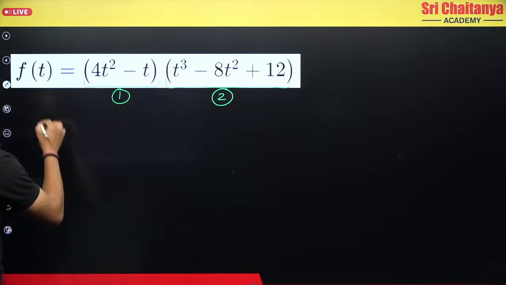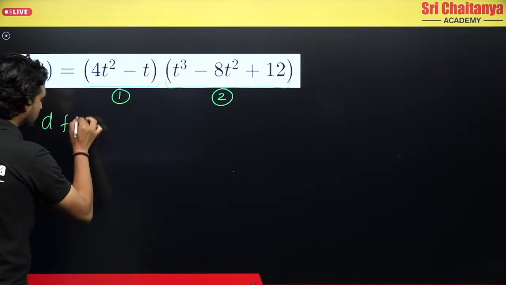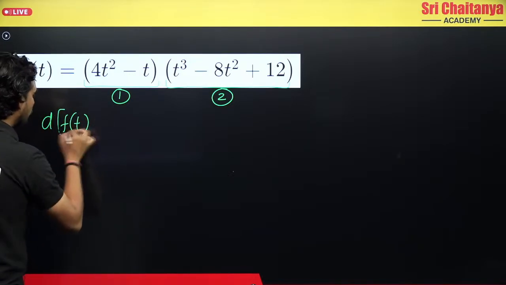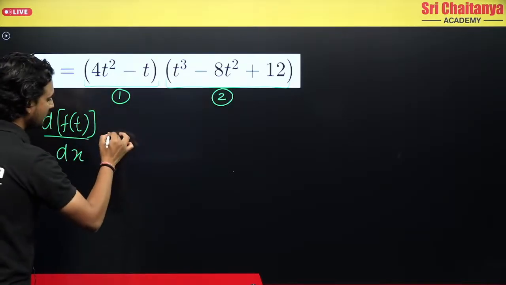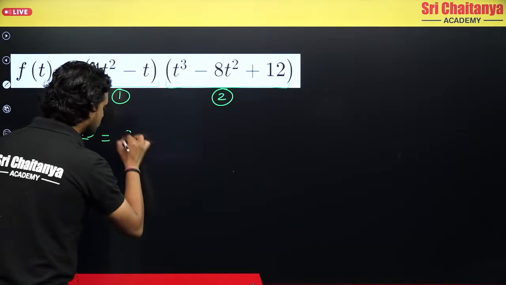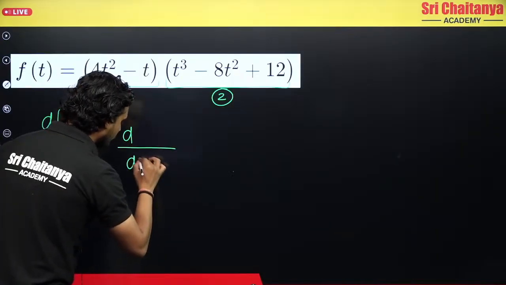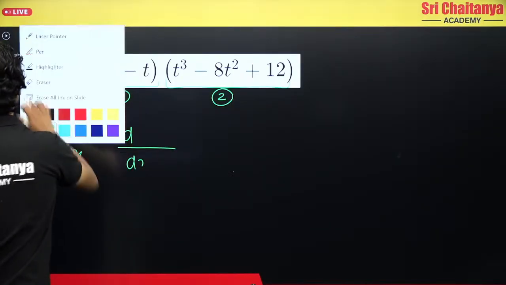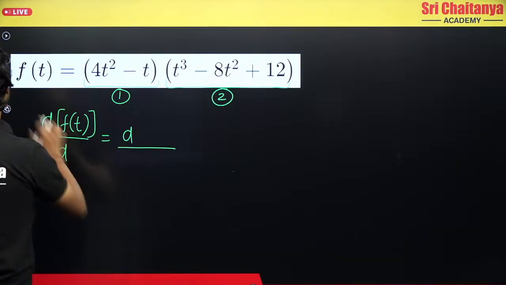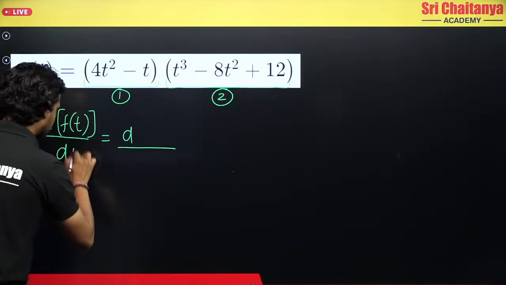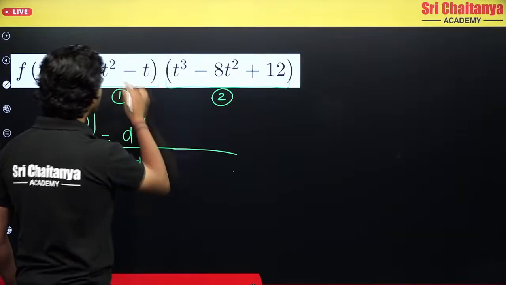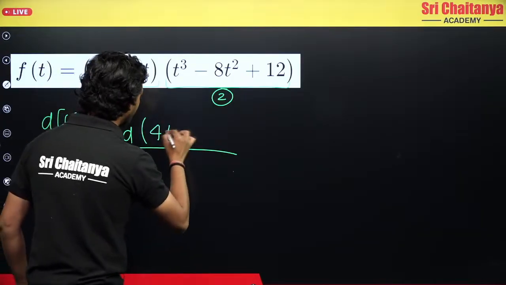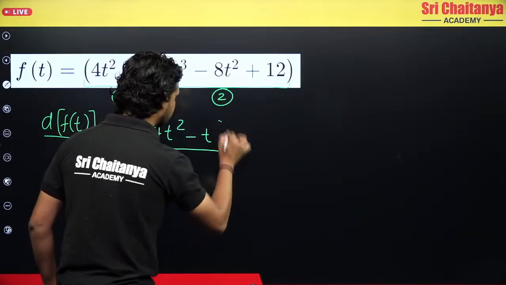So I will say the differentiation of f(t), which is a total function, and I will differentiate the first function. I should not write x, I should write t, because my input variable is t, dt. So I am differentiating my first function, and the first function is 4t squared minus t.